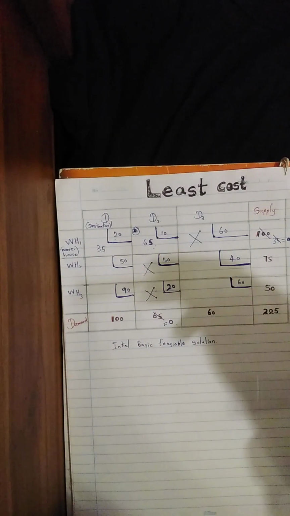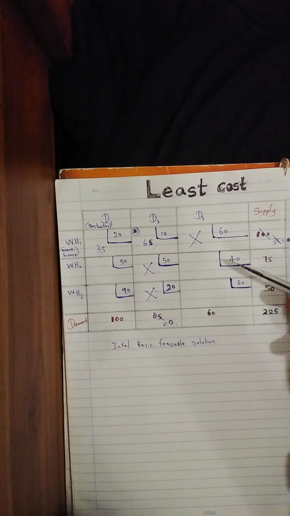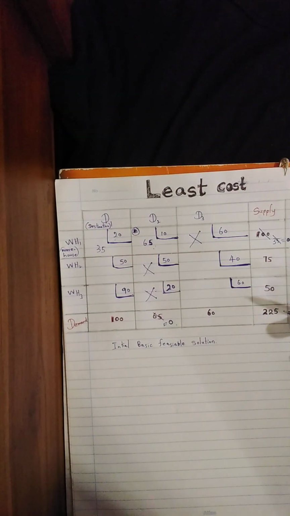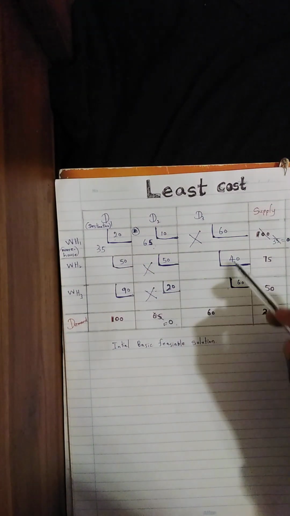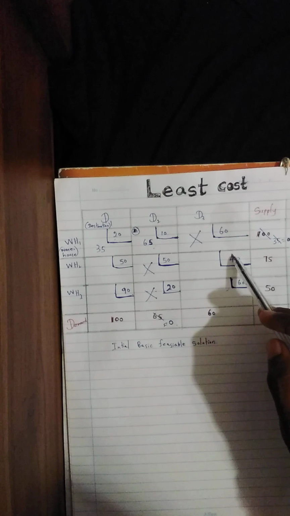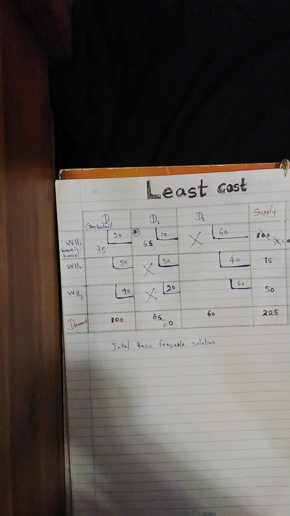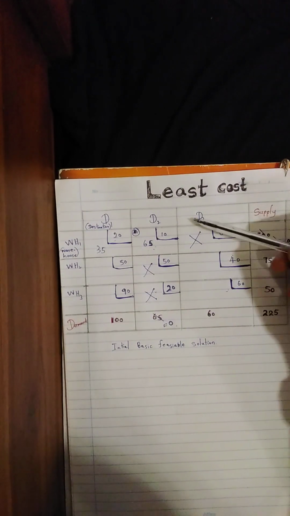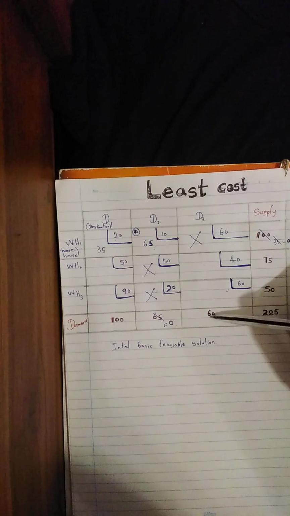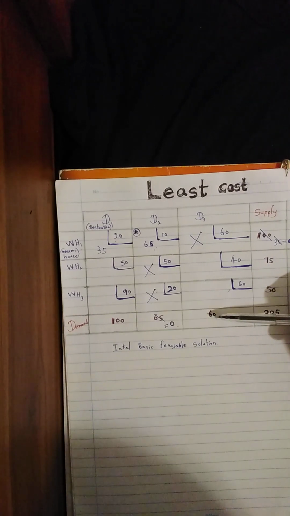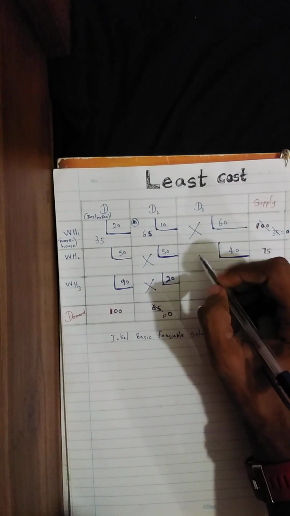Again we find the least transportation value. What is the next least transportation value among these remaining four values? This one. Destination 3 demand is 60, it means we can put here 60.